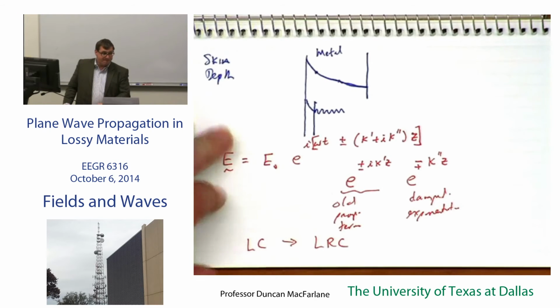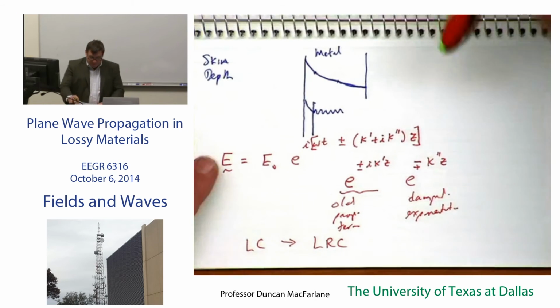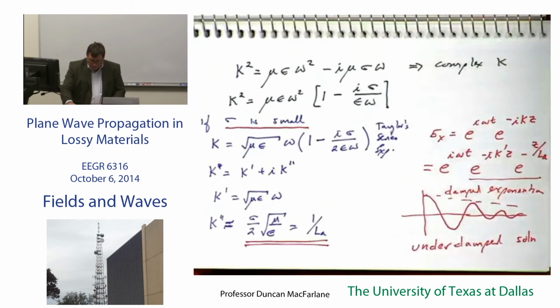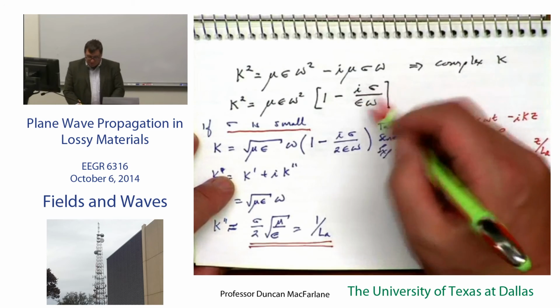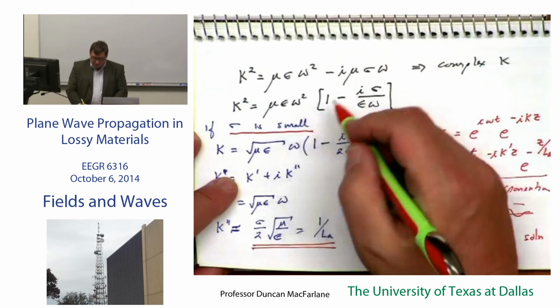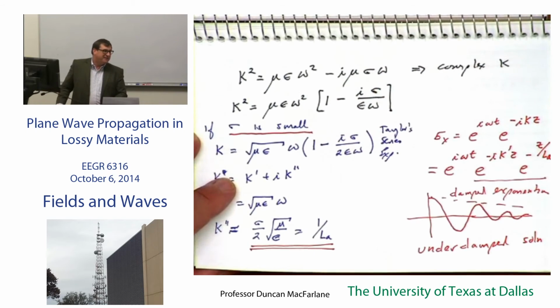Okay. Now, all is almost okay. I did two cases. I said if this is small, and I said if this is big. Now, your sigmas, epsilons, and omegas will vary.